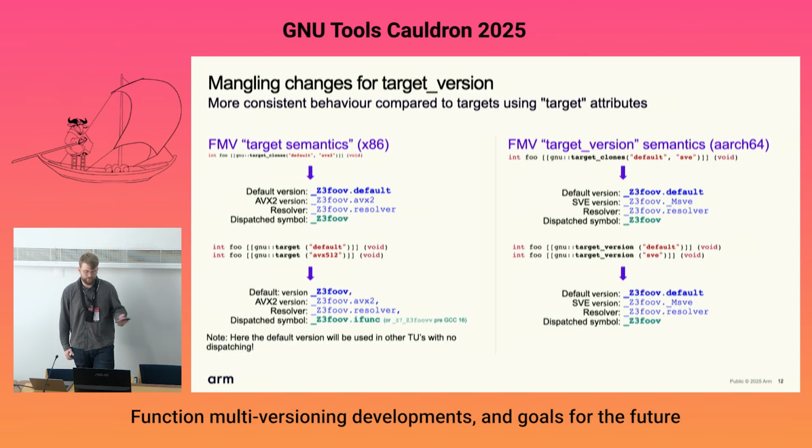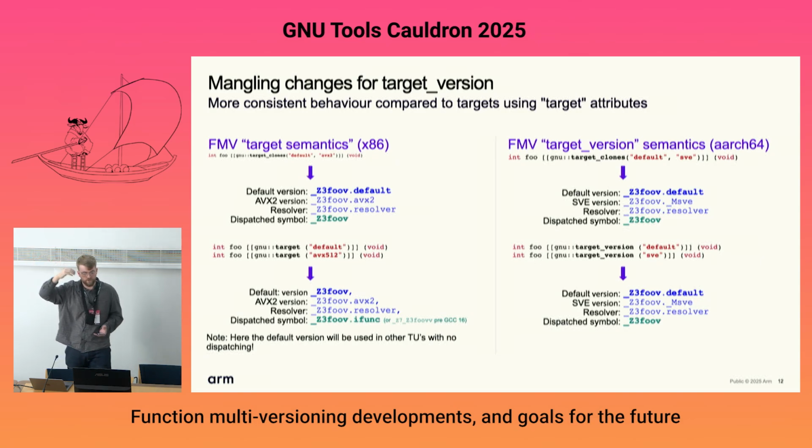Okay, and then I briefly wanted to talk about some of the weirdness we fixed, because I really want to know if this is a bug so that I can fix it, because it's kind of a nightmare. x86 with target semantics does something quite bizarre where it will mangle target clones as you would expect. So you've got a default version, the other version, the resolver, and then your dispatch symbol takes the name of what the function was.